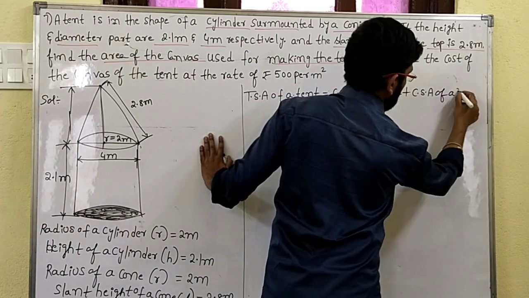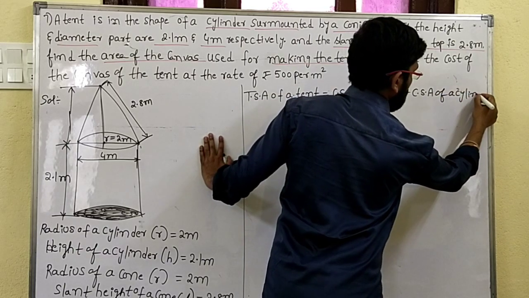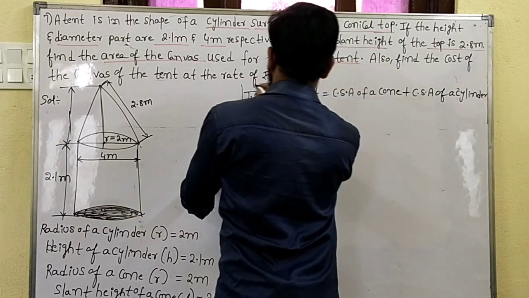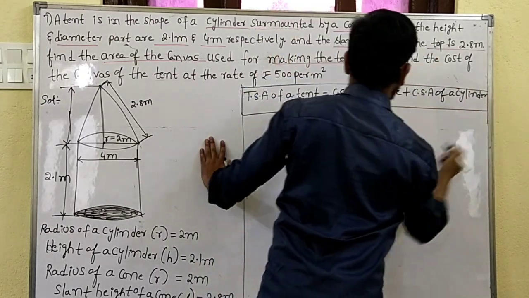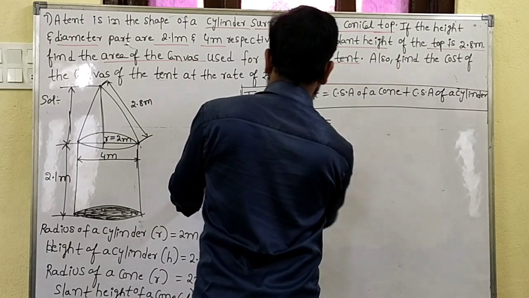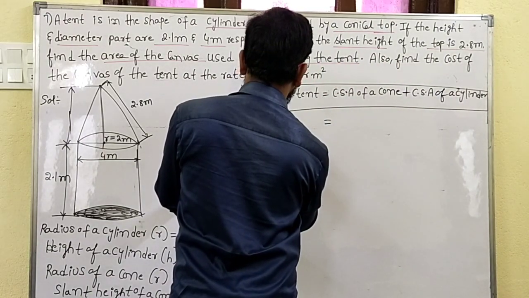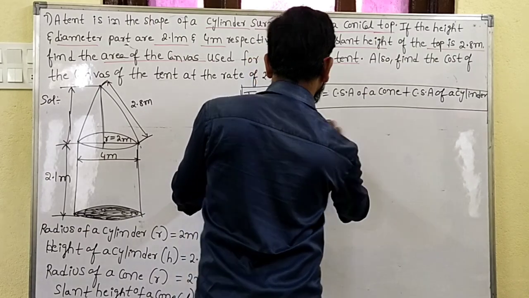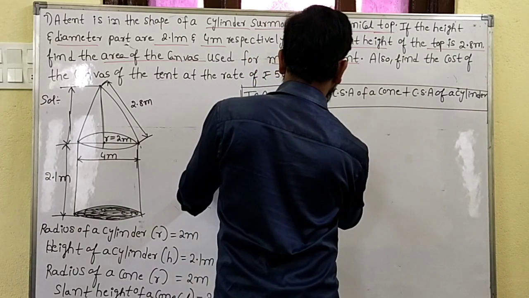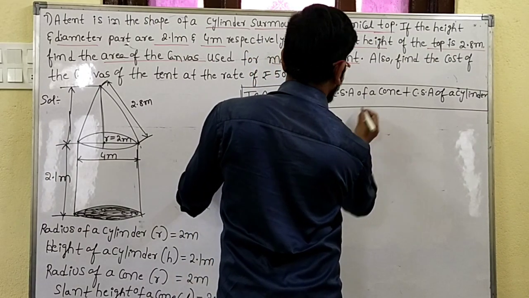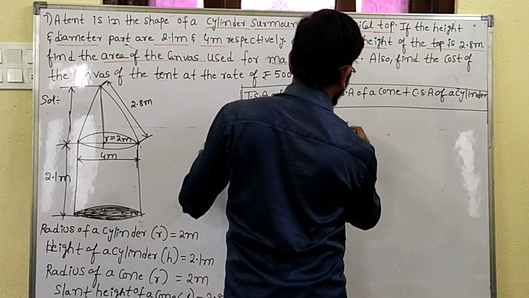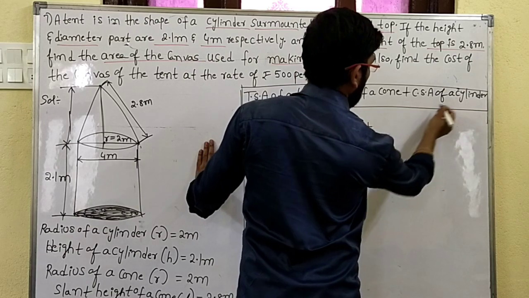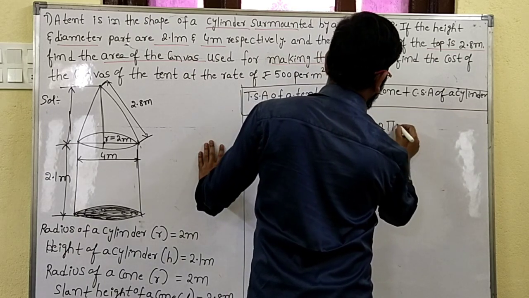What is the cone formula? CSA of a cone is pi r l, plus the cylinder is 2 pi r h.